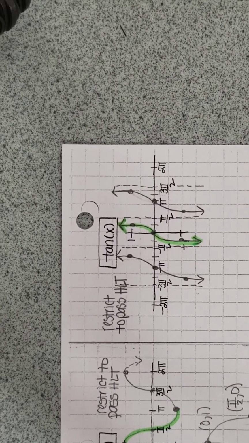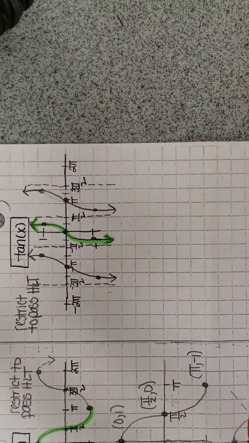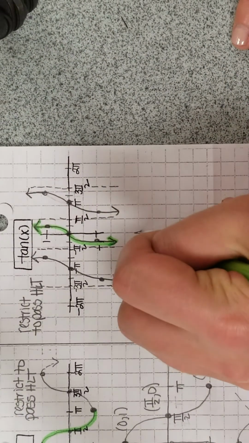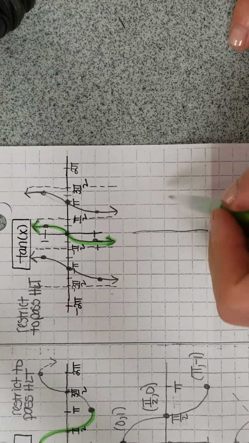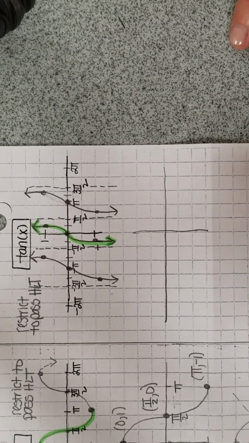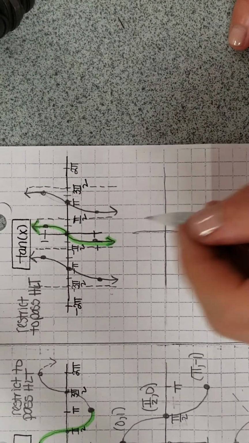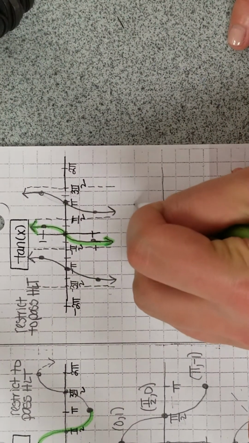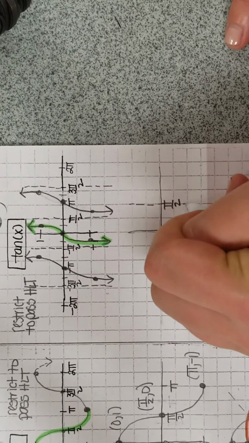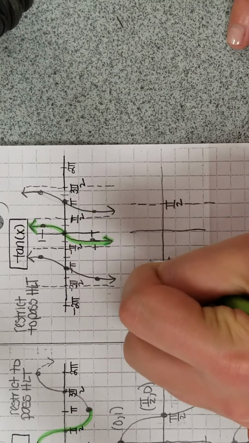So just like we did with sine and cosine, let's take a moment to actually just draw the restricted part. So we have an asymptote at pi over 2. And negative pi over 2.